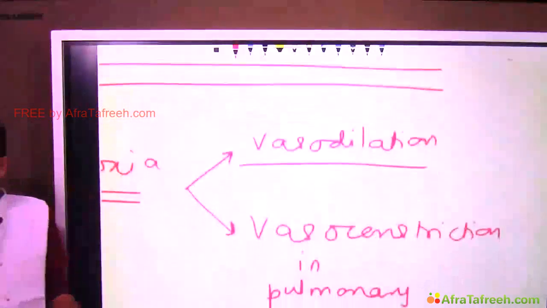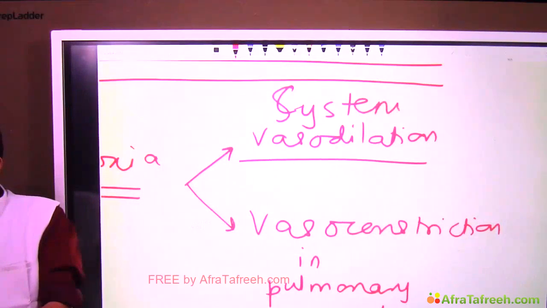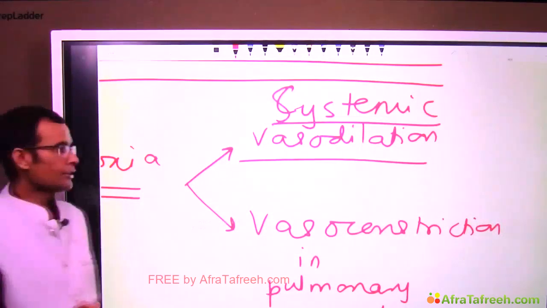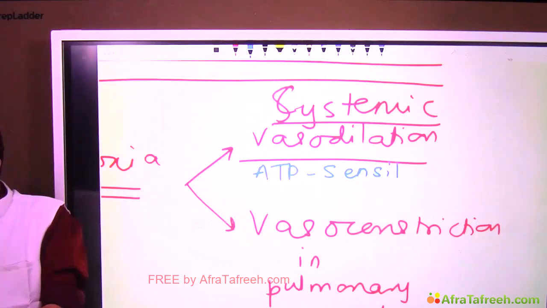In the case of systemic blood vessels, where hypoxia leads to vasodilation, the vascular smooth muscle cell consists of a channel called ATP sensitive potassium channel.